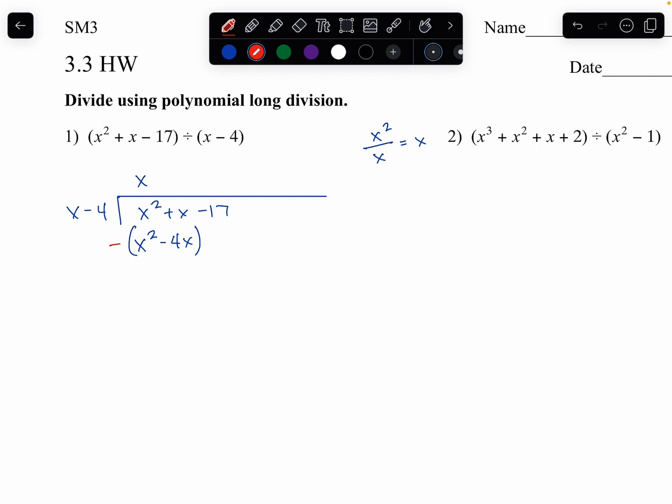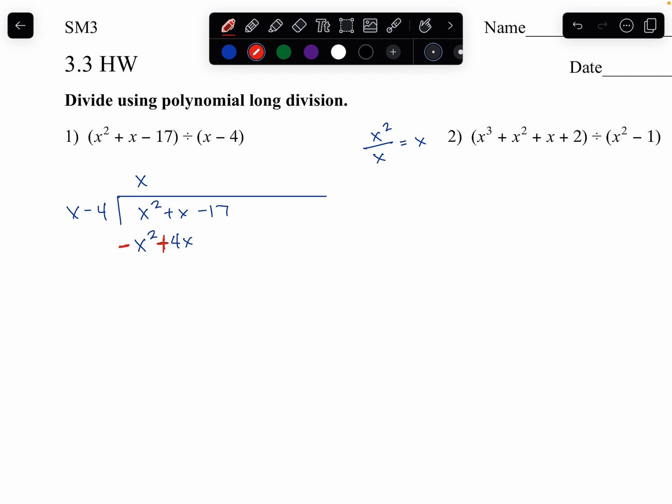Since I'm subtracting the entire polynomial, remember that whenever you subtract a polynomial, you have to distribute the negative to the terms that are inside. To make that process a little bit quicker, what I do is I just take the terms that I already have, and then I just flip the signs of what I have inside.